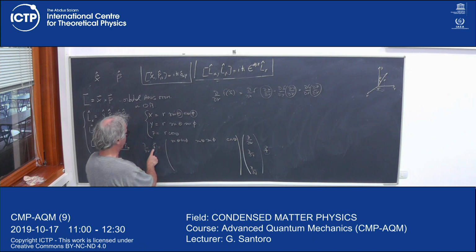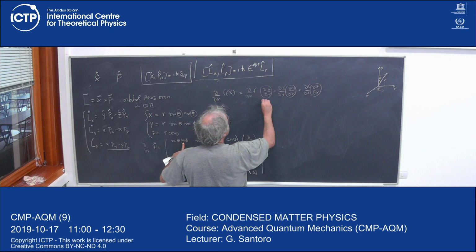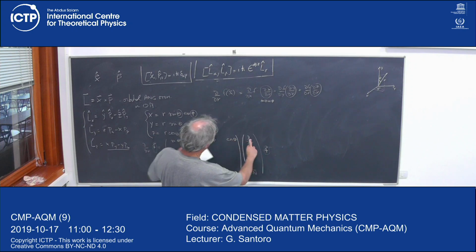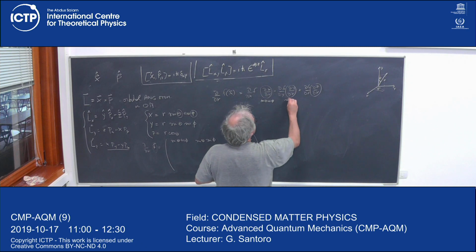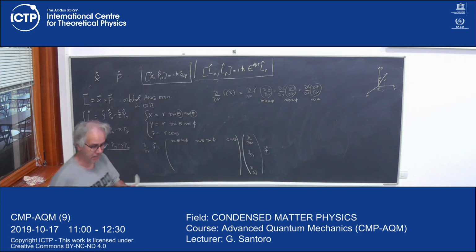Derivative of f with respect to r is sine theta cos phi times the derivative of f with respect to x, plus this, plus that. Okay? Clear? Good. First step.